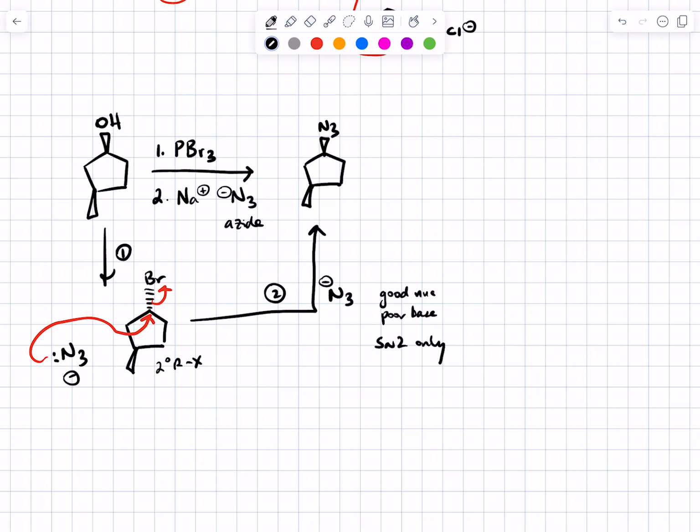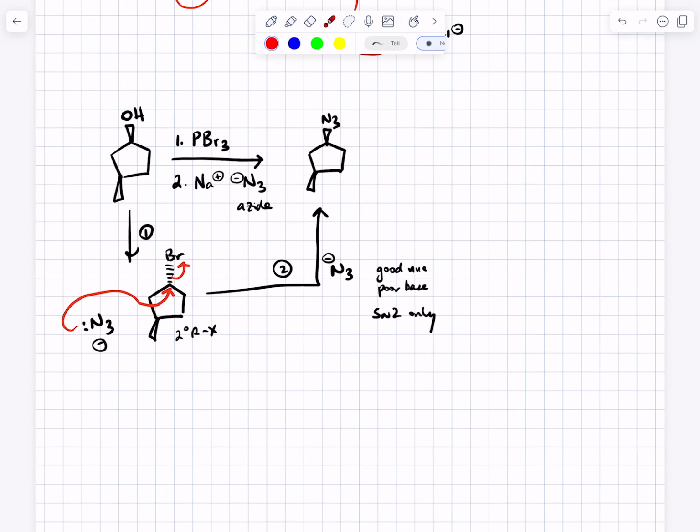Okay, two tandem SN2 reactions, right? First we replace the OH with the bromide, then we replace the bromide with the azide. Two successive inversion steps lead to the nucleophile having the same relative configuration as the alcohol to begin with.